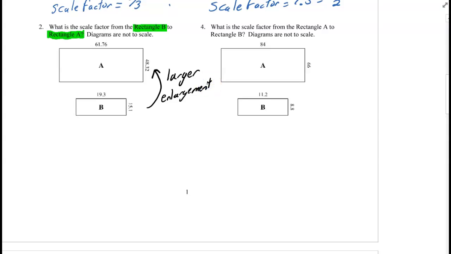So to find the scale factor, I want the larger number in the numerator. So I'll say 61.76 over 19.3. So I'm going to take the sides that are in the same spot. I could have used the 48.32 divided by the 15.1.